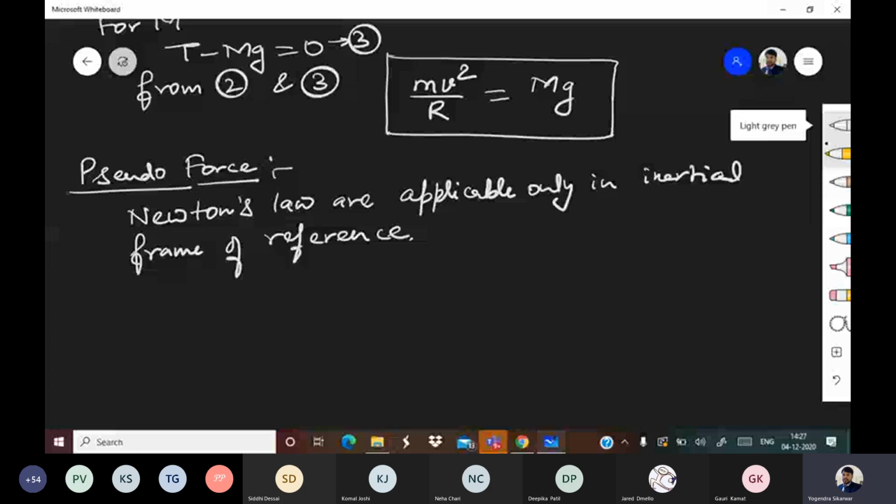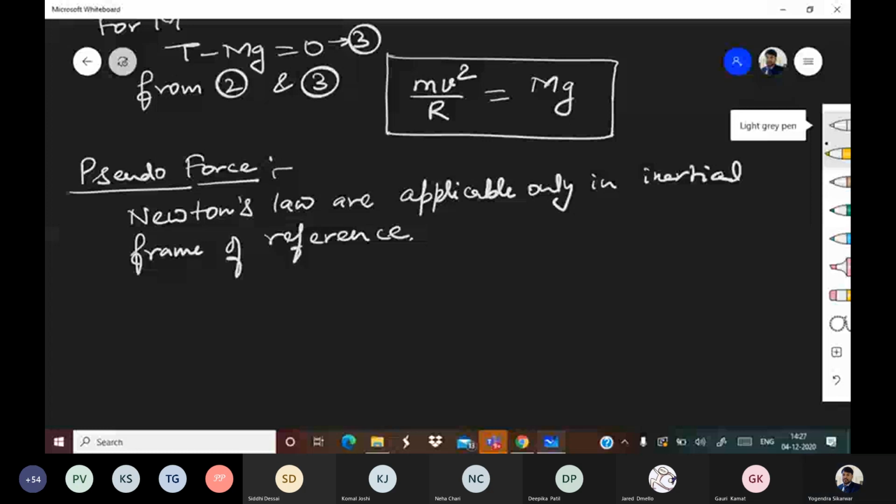So on the basis of acceleration of the reference, frames of reference are of two types. One is the inertial frame of reference, and the other one will obviously be the non-inertial frame of reference.